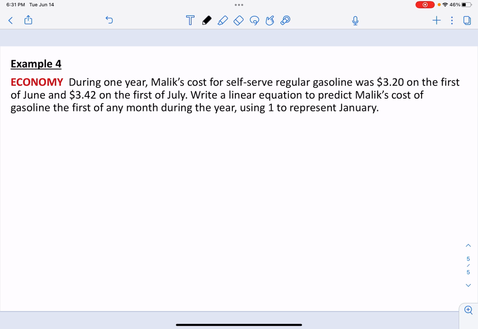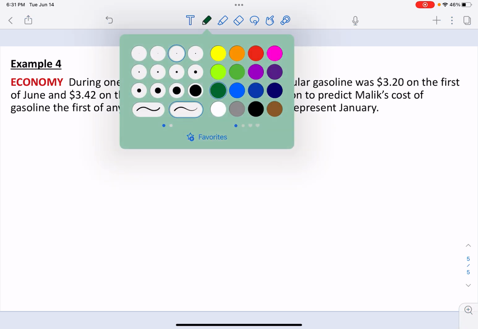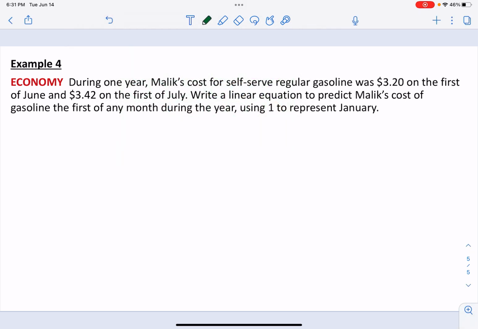Okay, so let's think about what they've given us here. They've given us $3.20 on the 1st of June. They've given us a point there. What they've given us, and I'll write out what the words are, is the time and then our gas price.